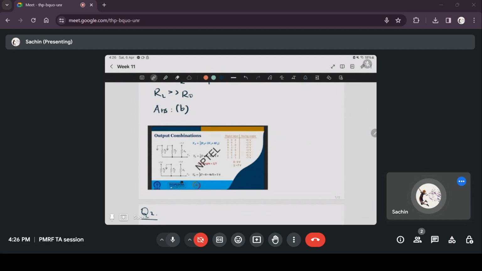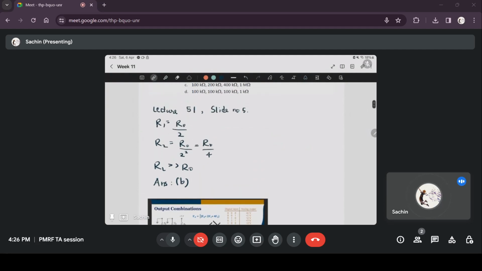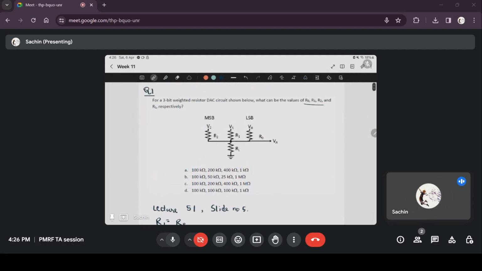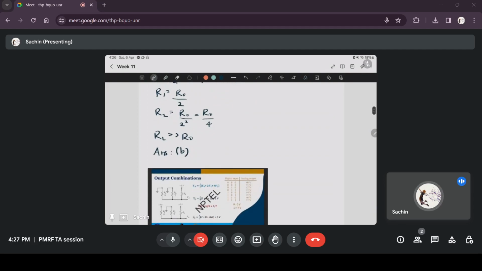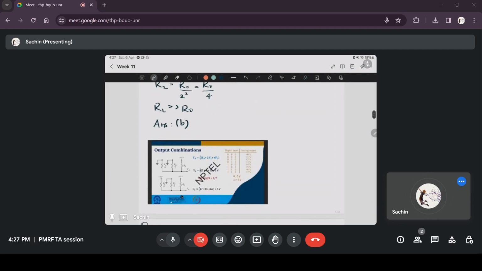You can see that you have R0 as the resistor connected to the LSB. Sorry, R0 is connected to the LSB, R0 by 2 is connected to the next bit, R0 by 4 to the next bit, and so on.